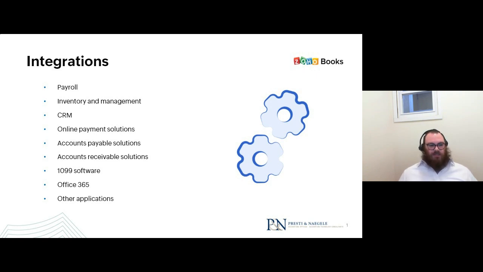So the best part, which you've heard throughout the webinar, I'm sure, is that any type of integration that you're looking for from a CRM system, AP, AR, 1099 software, there is something within Zoho from their suite of applications, as well as third-party apps that they connect to, to find your needs. Once you identify what your third-party integrations are, then you can decide if you're going to need a new integration or keep the same one that you have and just move forward.